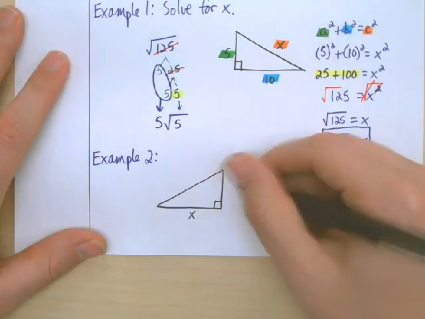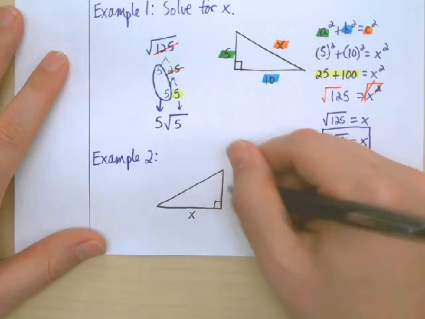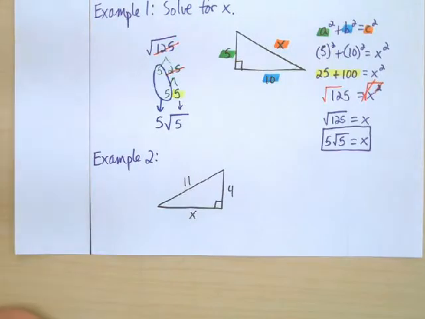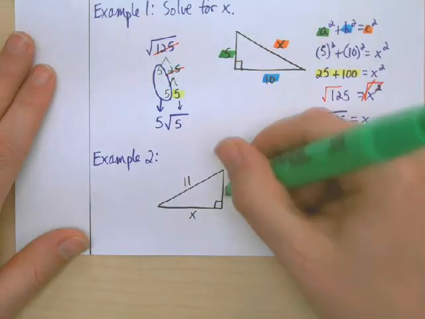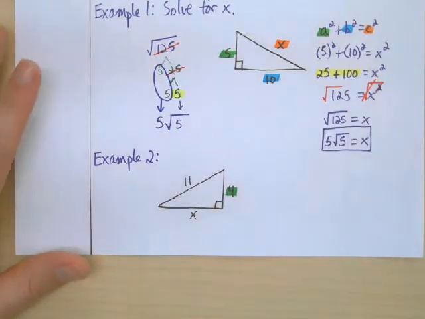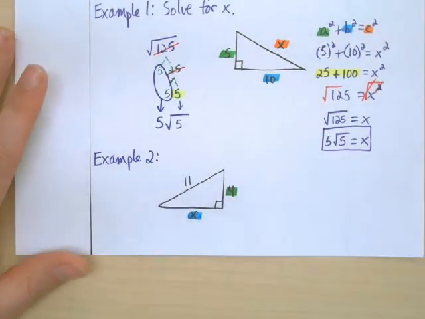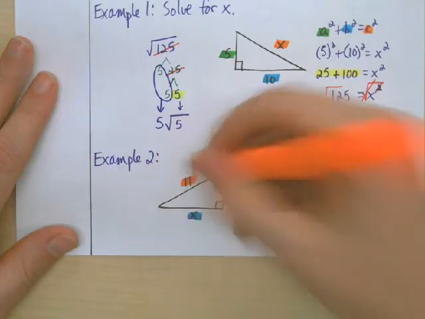X on that side, 4 on that side, and 11 on that side. So, this time, 4 can serve as A, X can serve as B, and 11 will serve as C, the hypotenuse.